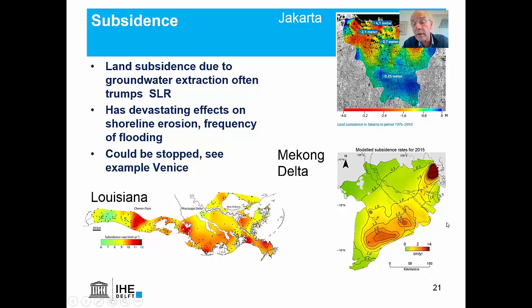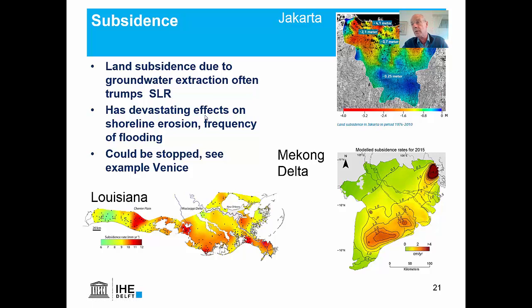The Mekong Delta, where the scale is in centimeters per year, and you see here around Ho Chi Minh City, it's more than 4 centimeters per year. You have to realize that is 4 meters per century. So this trumps sea level rise. The main cause is groundwater extraction, but this has a devastating effect also on the shoreline erosion, and especially on the frequency of flooding.